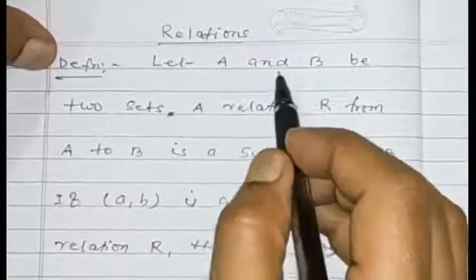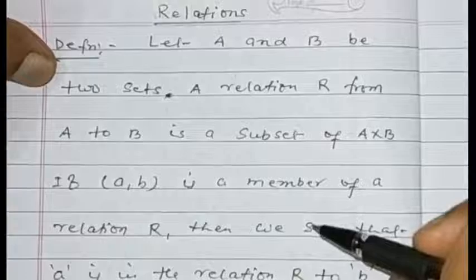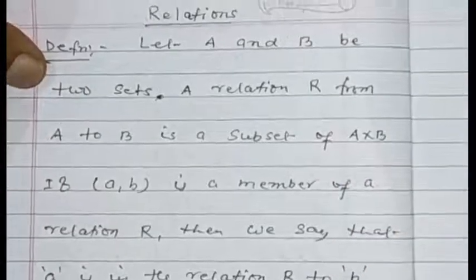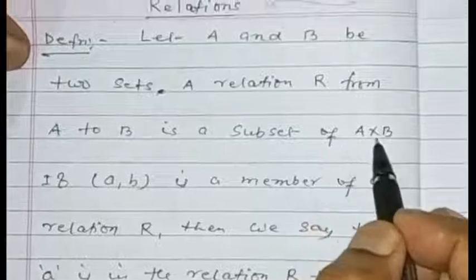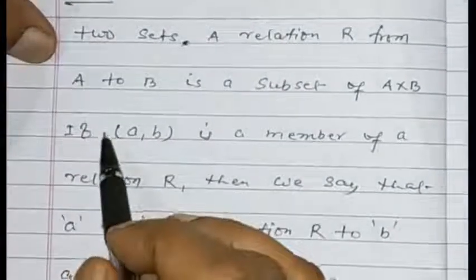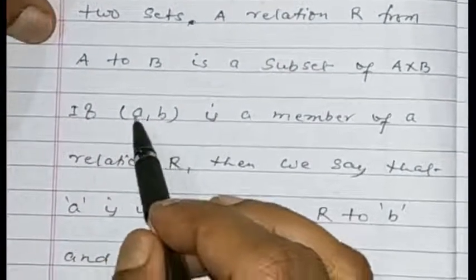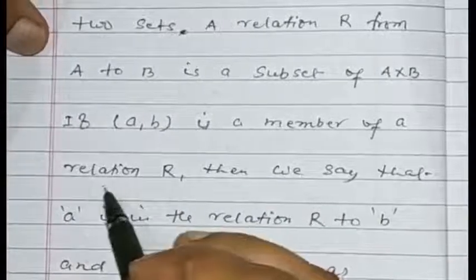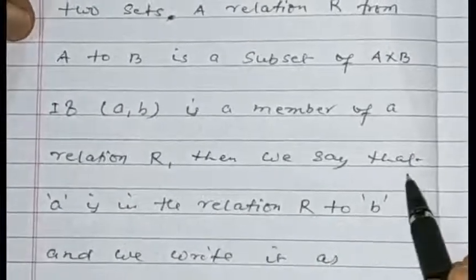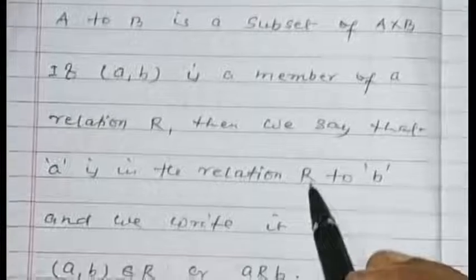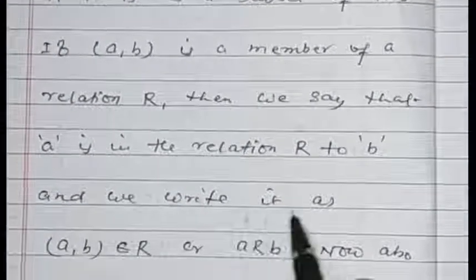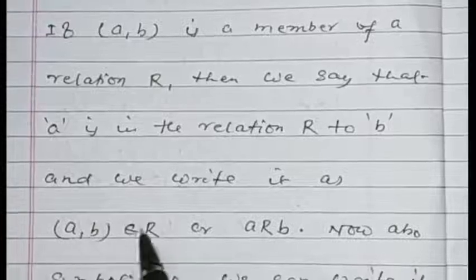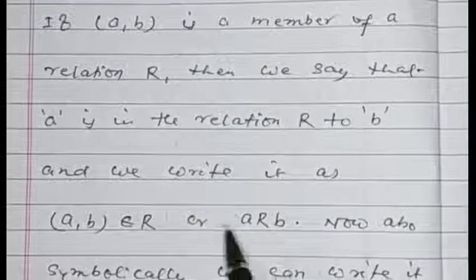What is relation? Let A and B be two sets. We take non-empty sets. A relation R from A to B is a subset of A cross B. If (a, b) is a member of a relation R, then we say that a is in relation R to b, and we write it as (a, b) belongs to R or a R b.